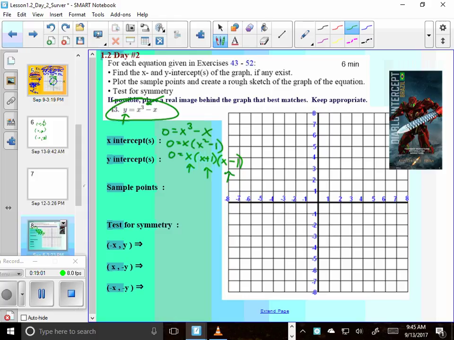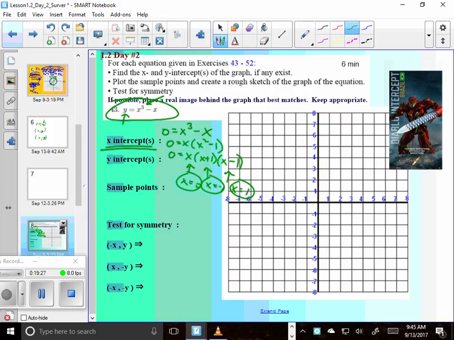That's the fundamental theorem of algebra: if there's a 3 as the biggest power it has, there's 3 answers. When things have squares, then there's 2 answers. All right, so there's 3 answers. X equals 0, x equals negative 1, and x equals positive 1. Those 3 things are the x-intercepts.